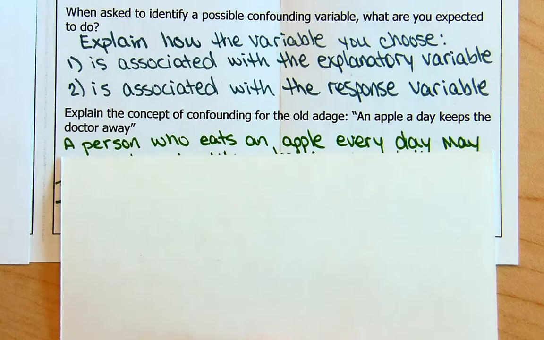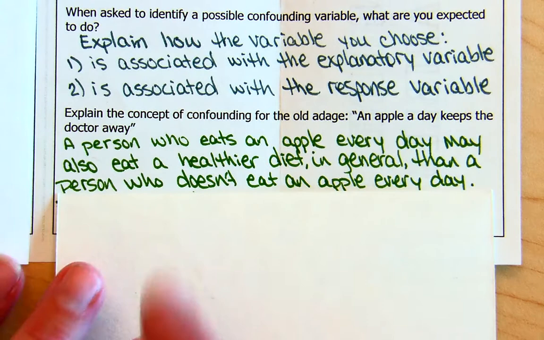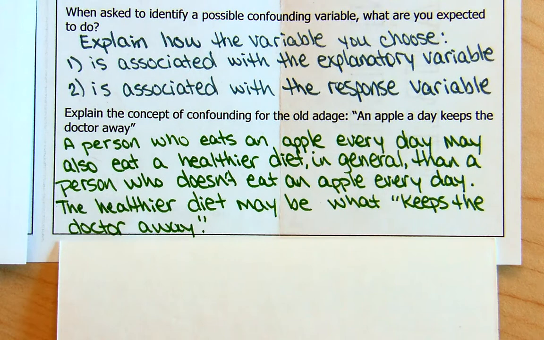So what I thought is a person who eats an apple every day may also eat a healthier diet in general than a person who doesn't eat an apple every day. So if that's their habit to eat an apple every single day, they may eat a healthier diet in general. And so the healthier diet may be what keeps the doctor away.